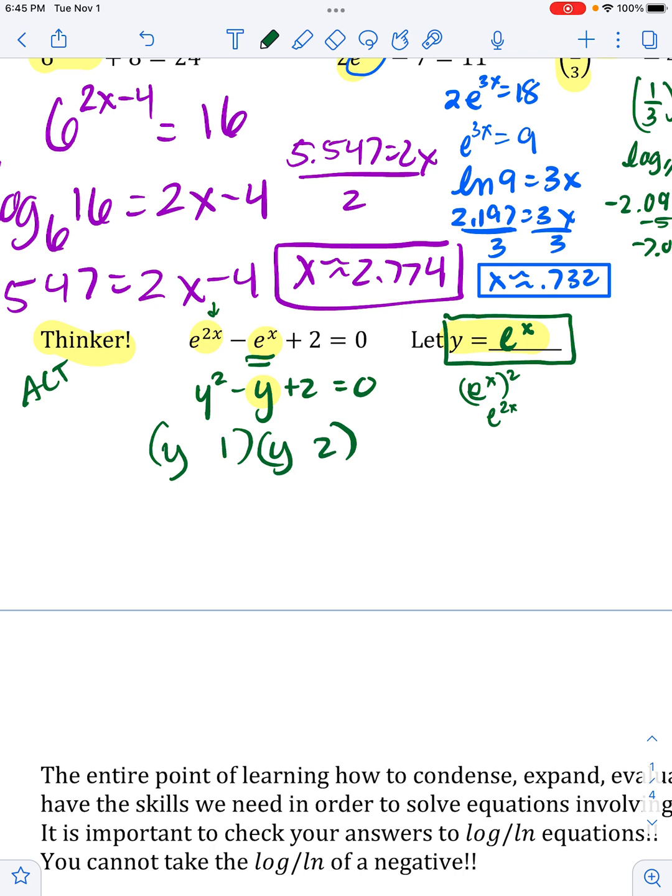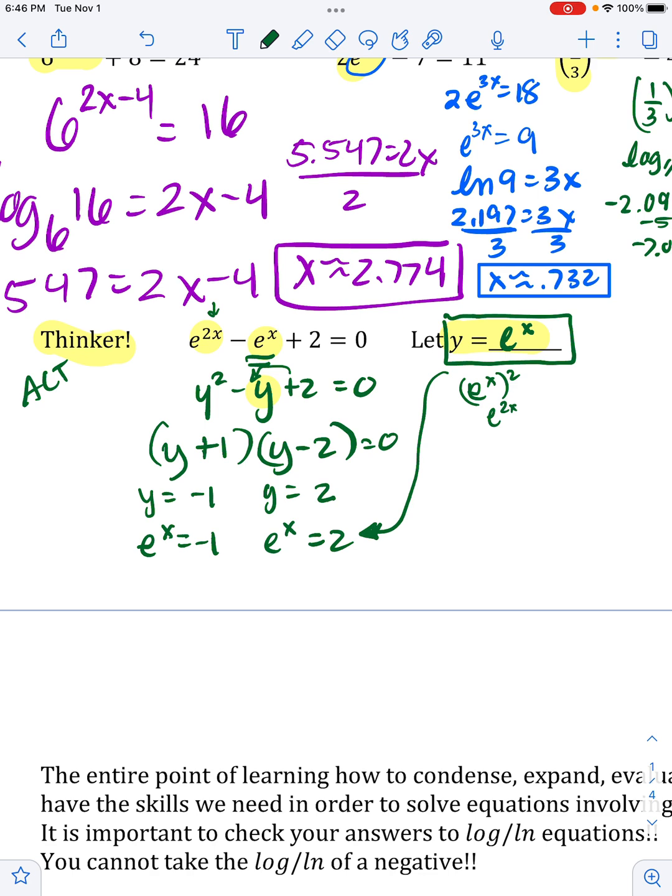I need 2 numbers that multiply to 2 and add up to 1. I need the 1 to be negative, but the solutions would be these. But that is currently just y equals. But we substituted in y so that our brains would recognize how to factor easier. But that's really our e to the x values because that's what y was in place of.